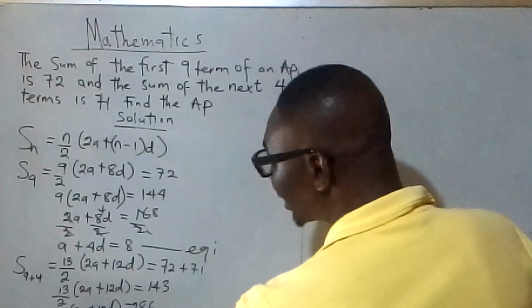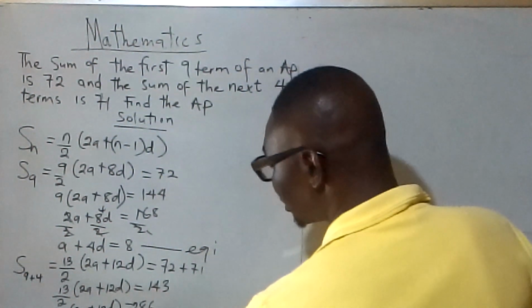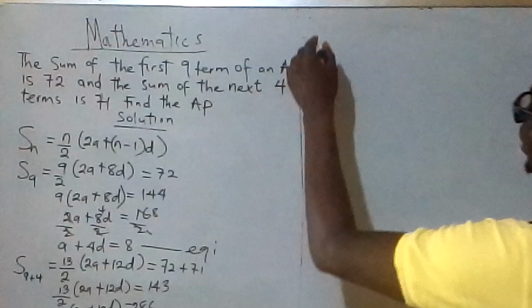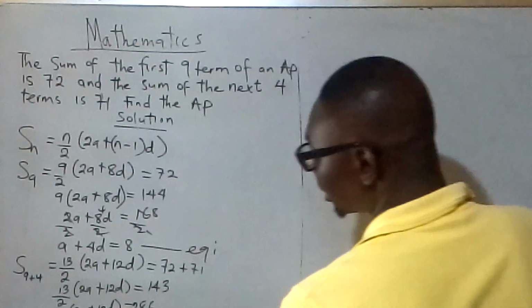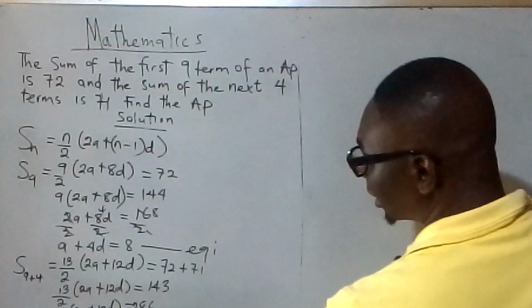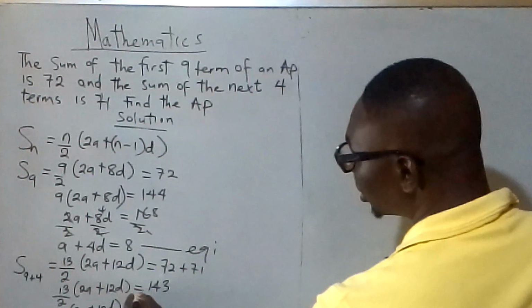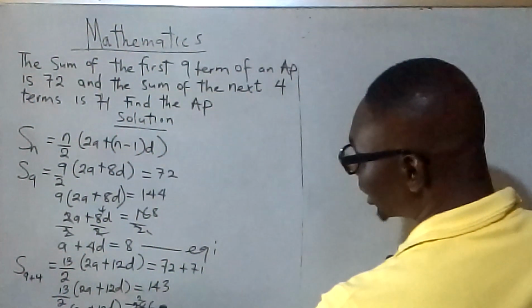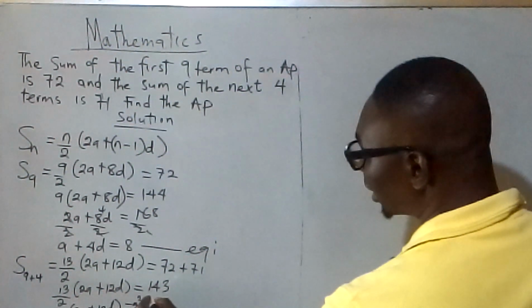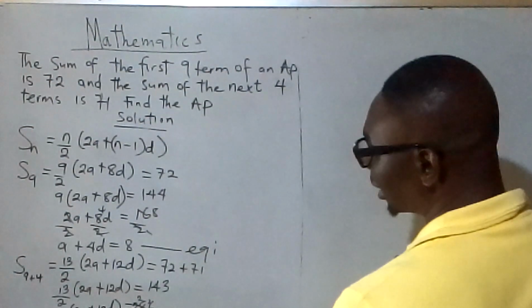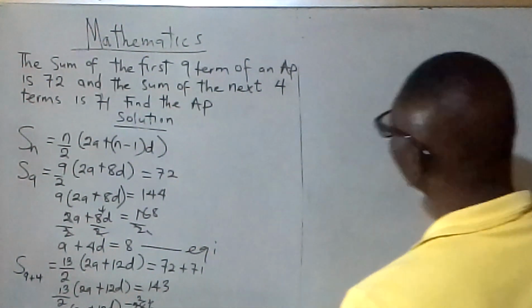So 13 cancels 13 here, and 13 in 28 is 2, remainder 2, then 26. 13 in 26 is 2.